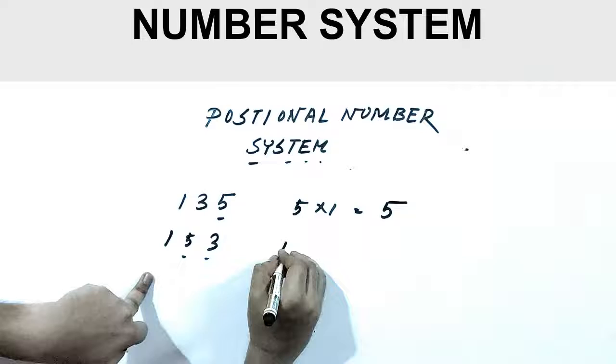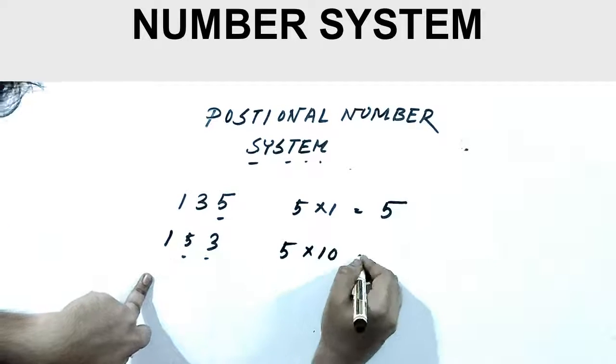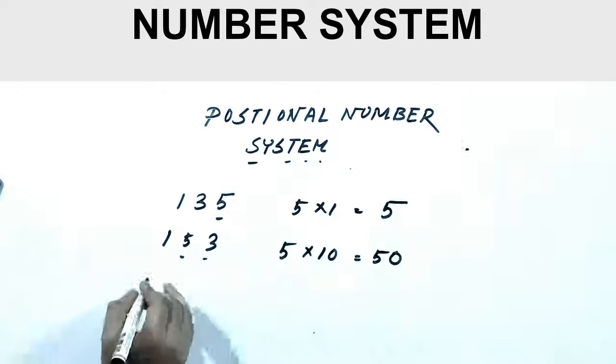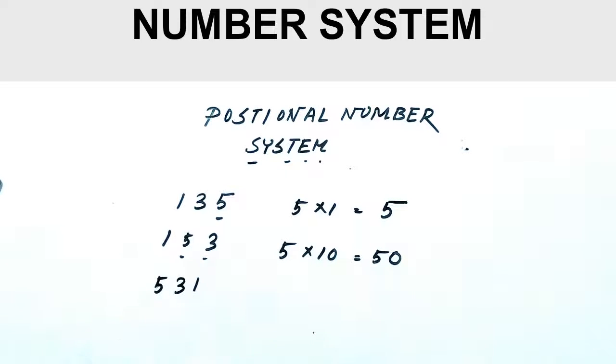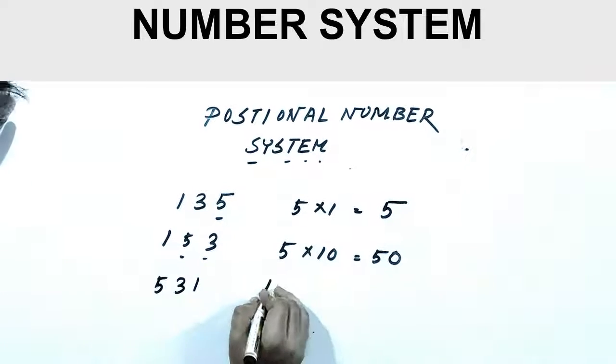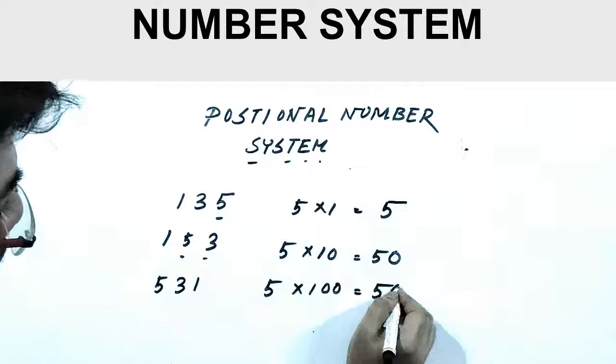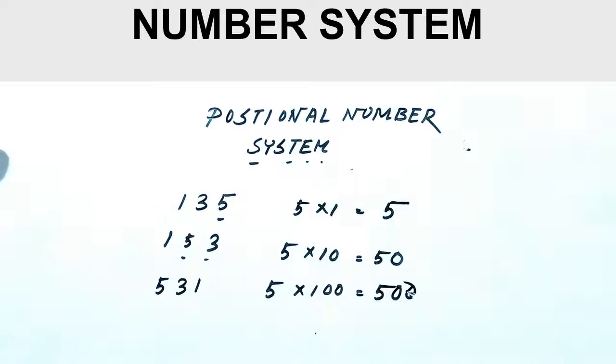The value of 5 here becomes 5 into 10 equal to 50. And if I write 531, the value of the 5 becomes 5 into 100 equal to 500. So you can see that's why it is known as positional number system.